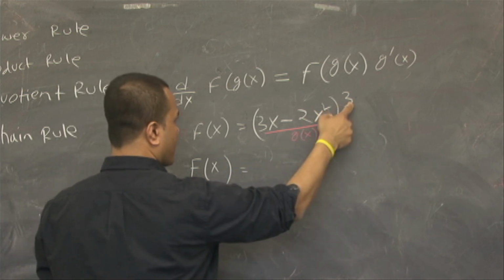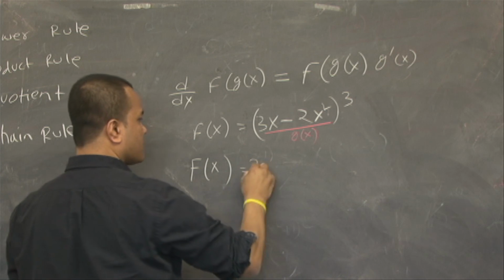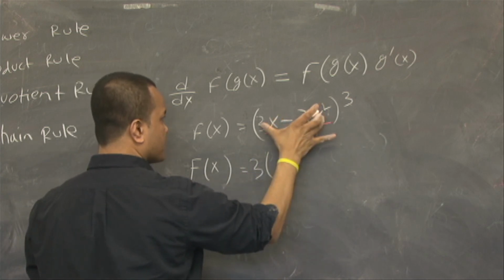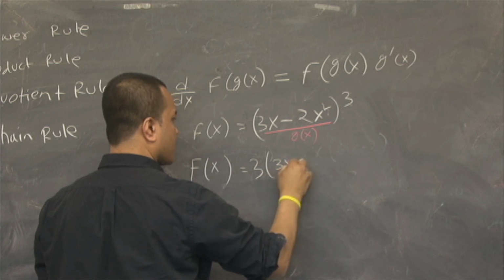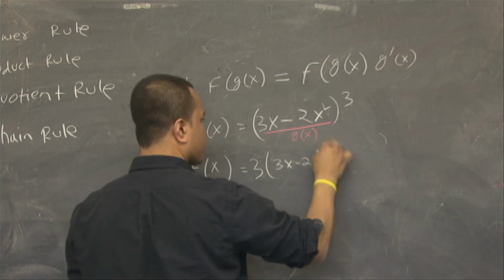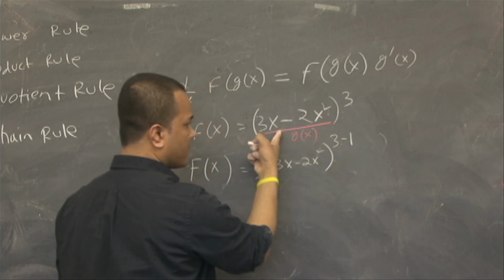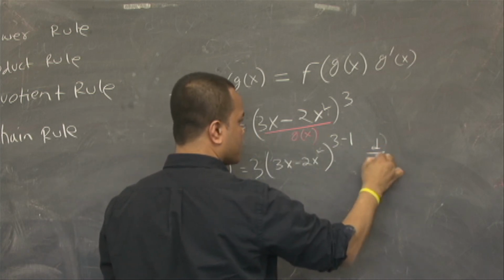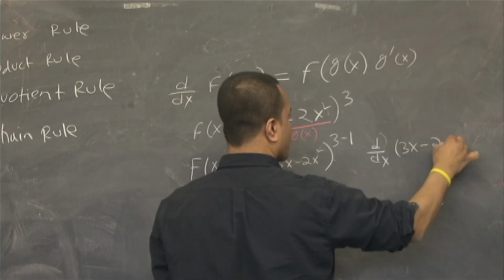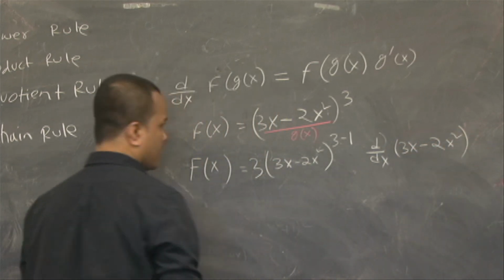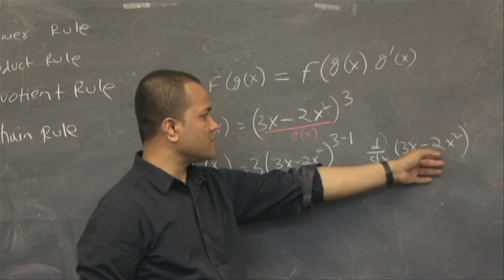This is the derivative of the outside. What is the derivative of the outside? n is 3, so n comes to the front, 3, and you don't do anything to the inside, you just copy it: 3x minus 2x squared to the power 3 minus 1. Now you take the derivative of the inside, d over dx of 3x minus 2x squared, which is g of x.